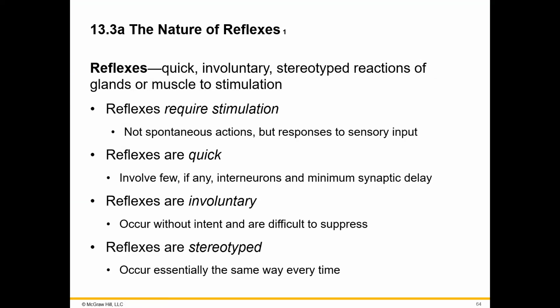So reflexes require initial stimulation. These are not spontaneous actions, but responses to sensory input. The reflexes are quick, so they involve few, if any, interneurons and minimum synaptic delay. So they do not involve interneurons because they have to be very rapid.